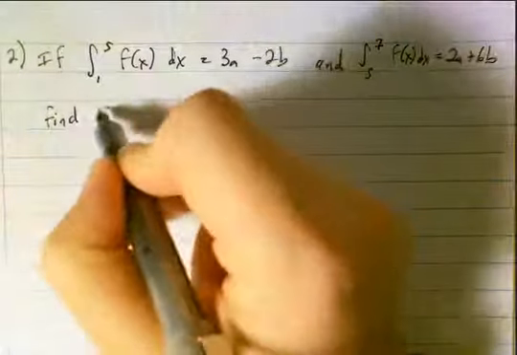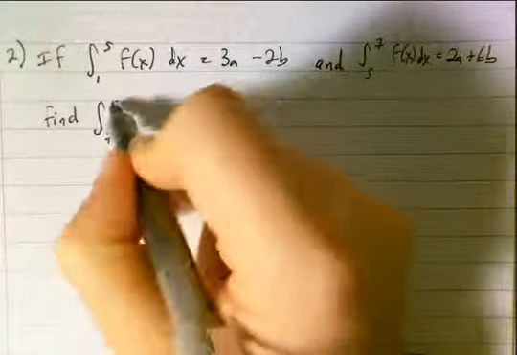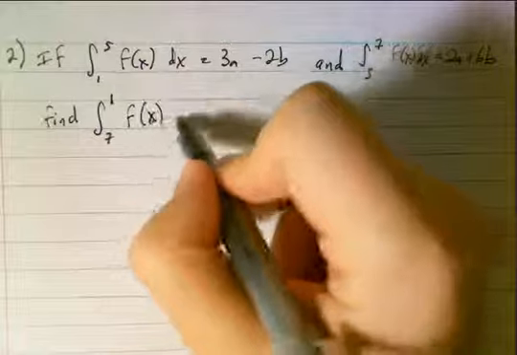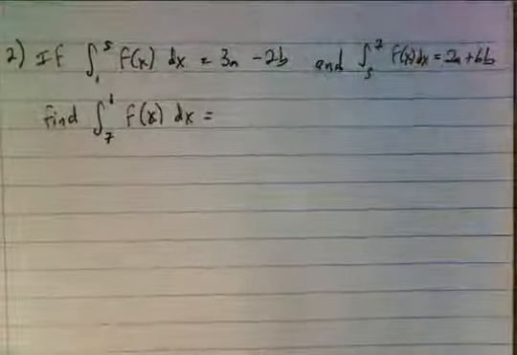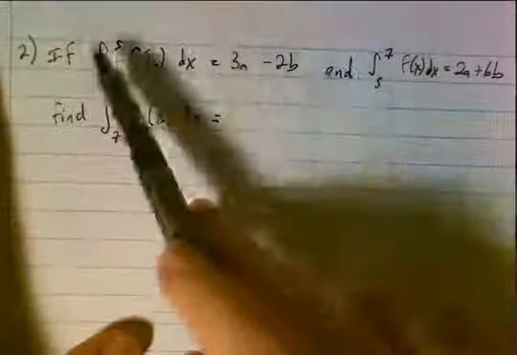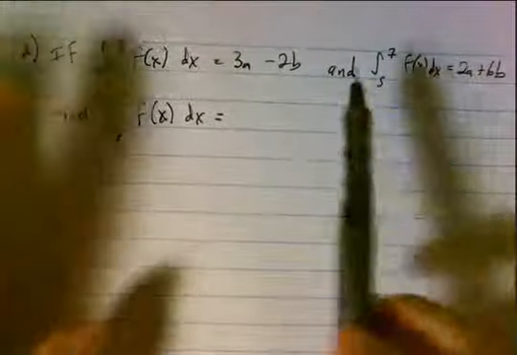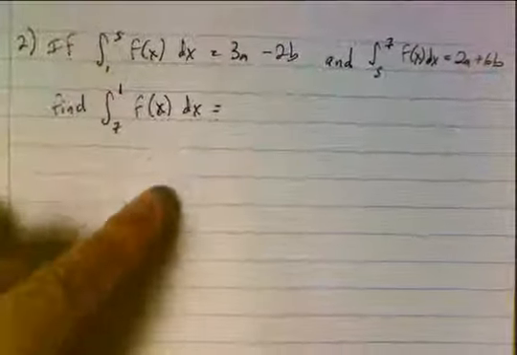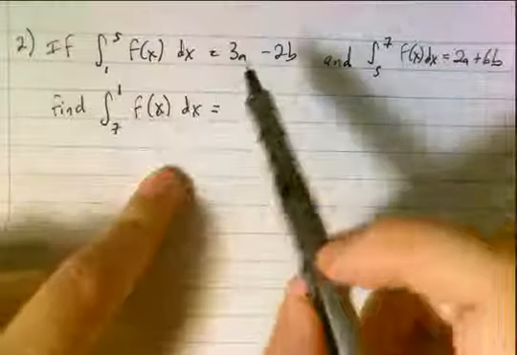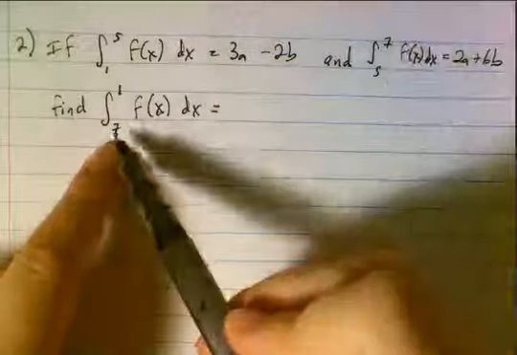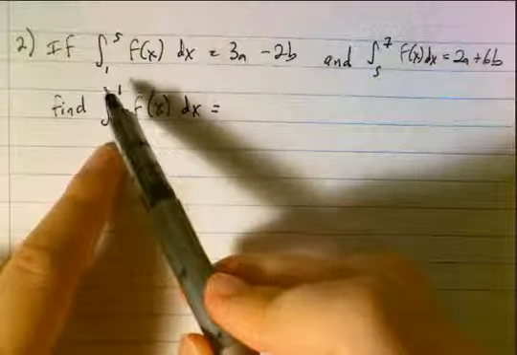Let's find the integral from 7 to 1 of f of x dx. So we notice up here in what we're given that the upper bound here is the same as the lower bound here. So that means that we can put all of these together. But notice that here, the lower bound is the same as the upper bound here, and the upper bound here is the same as the lower bound here.